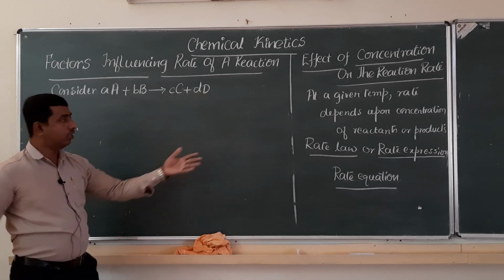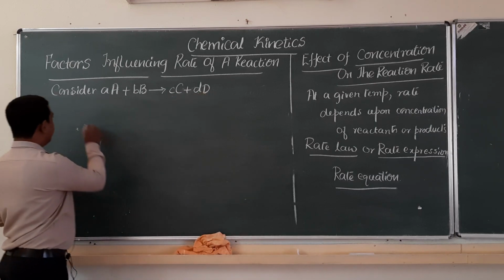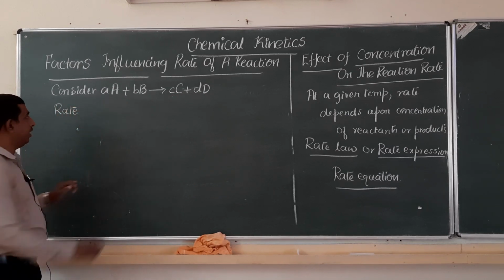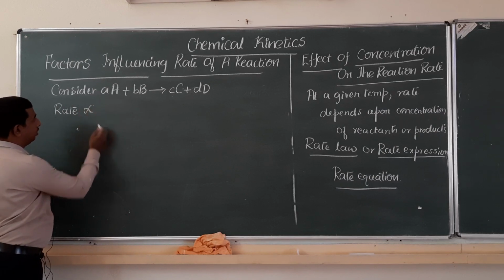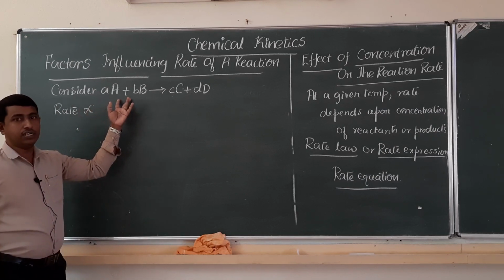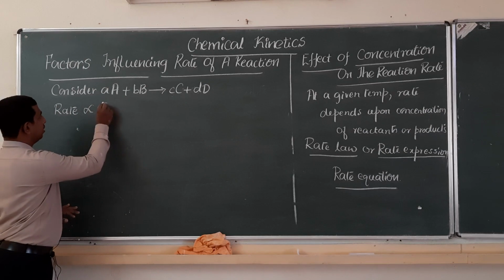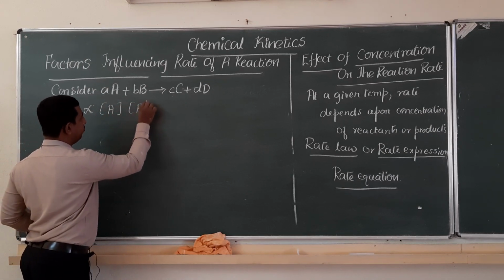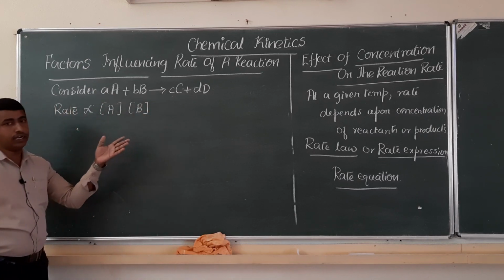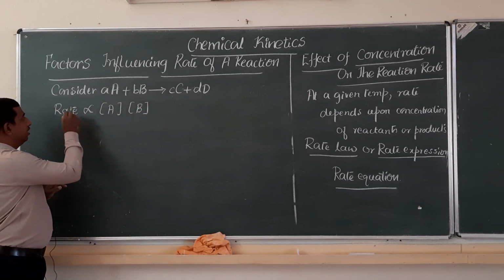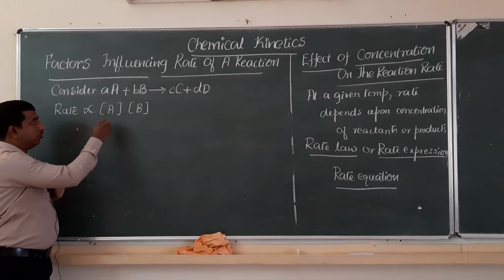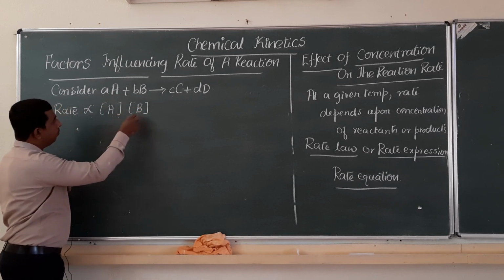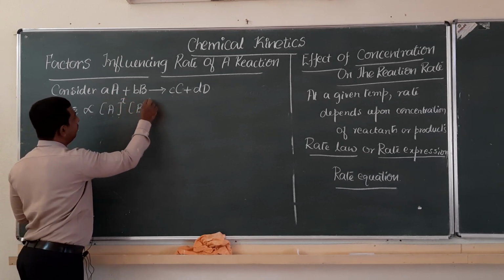Now, according to the law of mass action, what can I write? See, rate, that is reaction rate, is directly proportional to the molar concentration of the reactants, that is concentration of A into concentration of B, and their powers, I'll write as x and y.